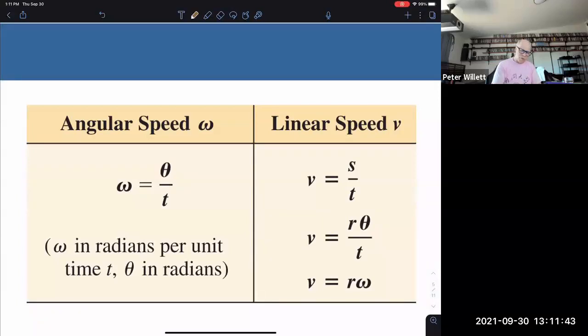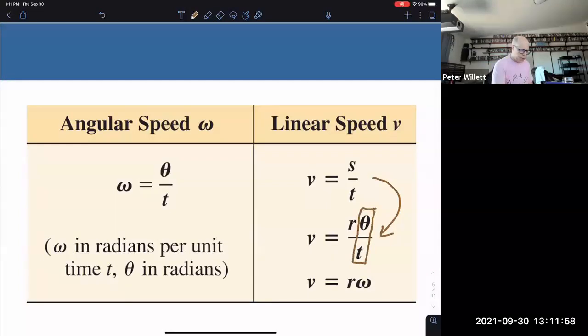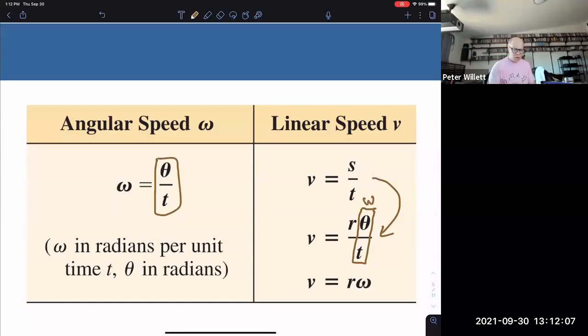And so that means you could convert this formula from S over T to R times theta over T. And if you do that, you can also take note that theta over T is W. And so if they substitute theta over T with W, then you get another way you can think of the speed of the point, or the linear speed: it's the radius times the angular speed. So this equation here says linear speed is radius times angular speed.